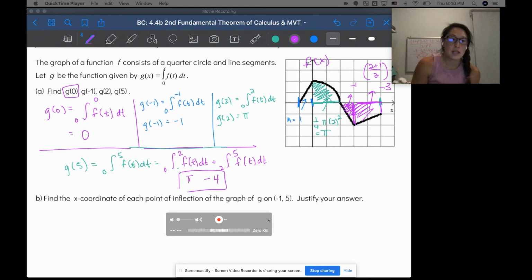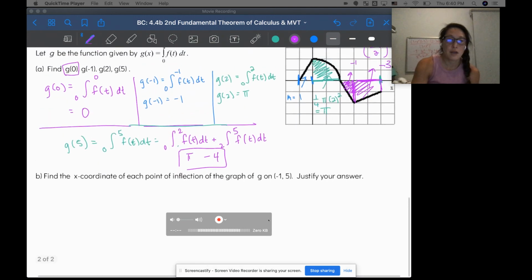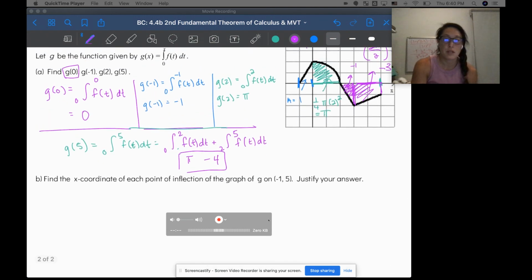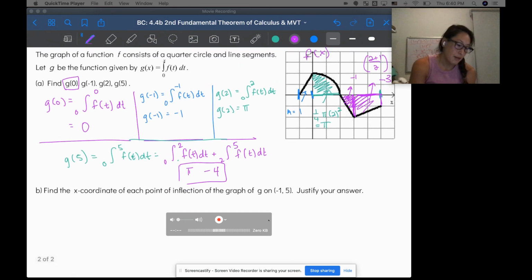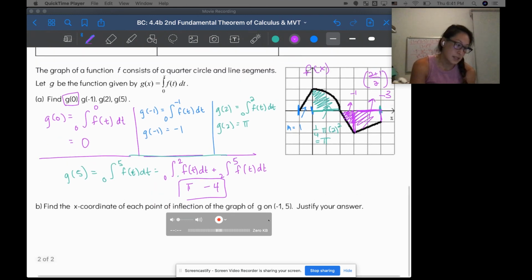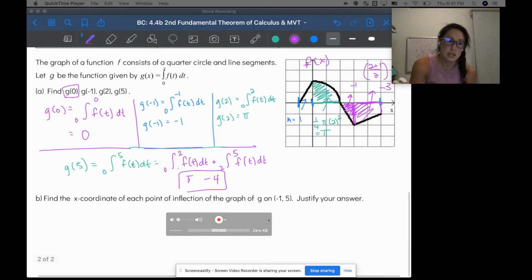All right, the last thing we need is just evaluating the graph. We want to find the points of inflection. So we have the graph of f of x, basically. And so where are the points of inflection? What I know is that if I took the derivative of, actually, let's just start with our given.